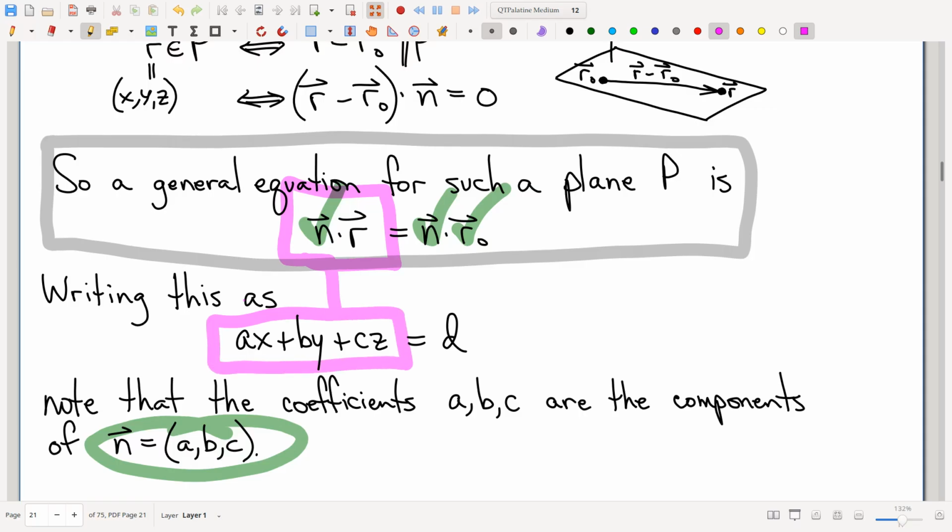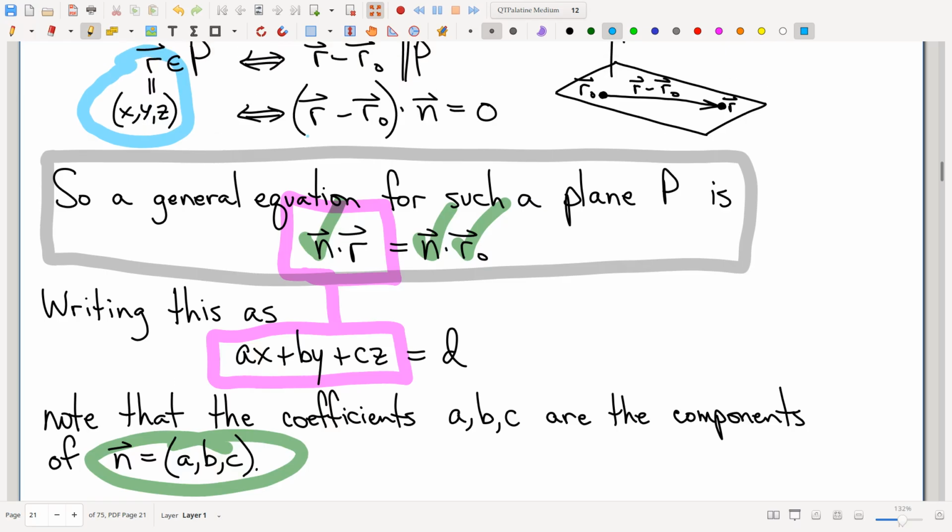Keeping in mind, r, as previously noted, is just a placeholder for x comma y comma z. We're going to be using that a lot. The r vector typically will mean x comma y comma z. So again, you could just crank that out. N dot r is, boom, here it is, ax plus by plus cz.